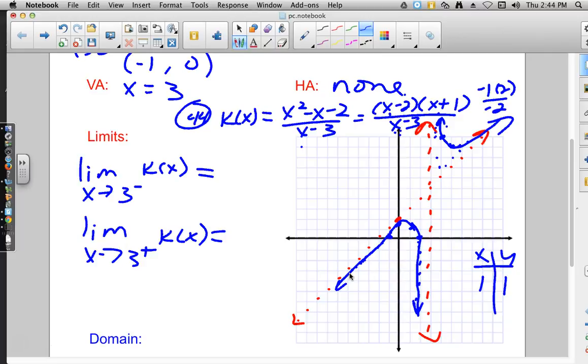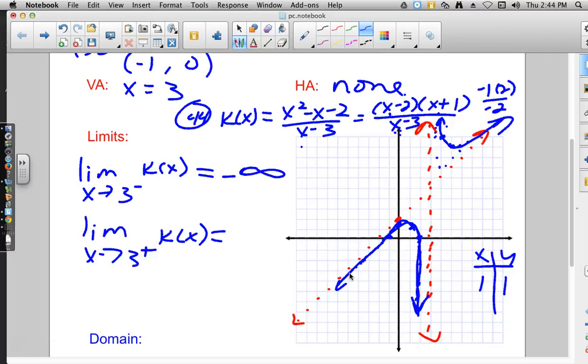So what we see here is our vertical asymptote right here at 3. And what our graph is doing as we get closer and closer to that is it's going down. That's kind of a goofy looking infinity. There we go.